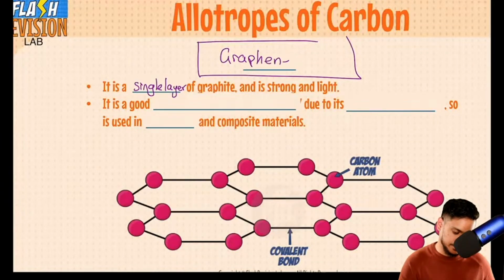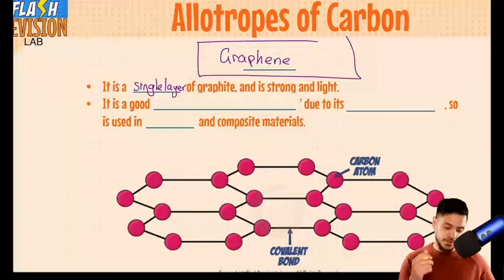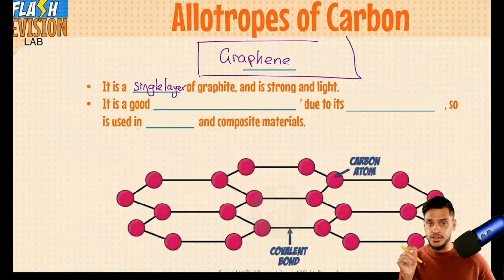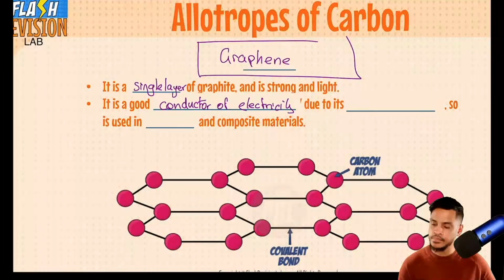It is graphene, with an E. Just like graphite, it's a good conductor of electricity because, remember what I said, it forms 3 bonds, so there are delocalized electrons which can carry a charge. So it's a good conductor of electricity due to its delocalized electrons.